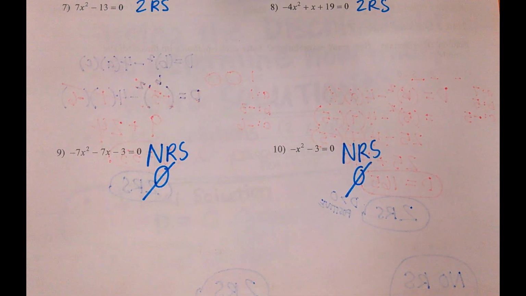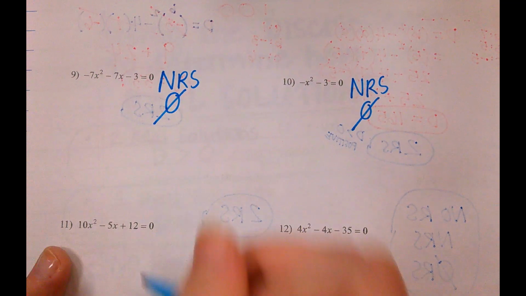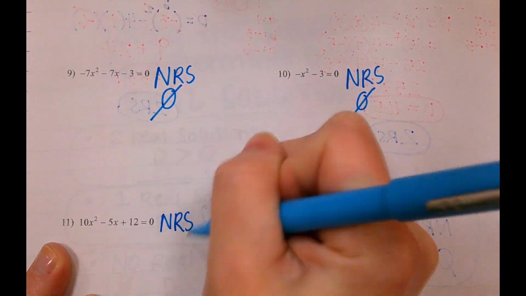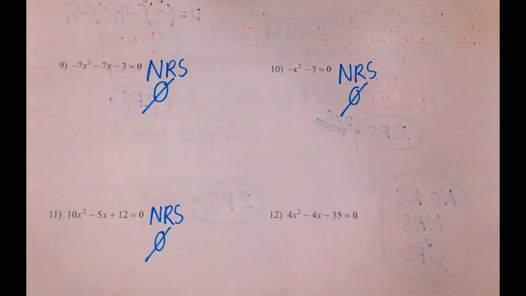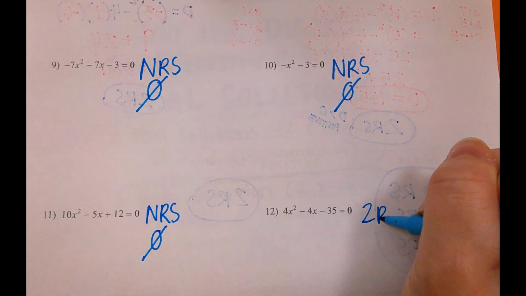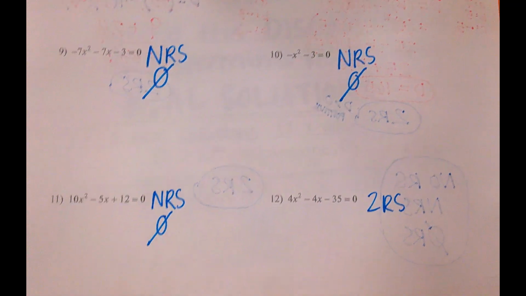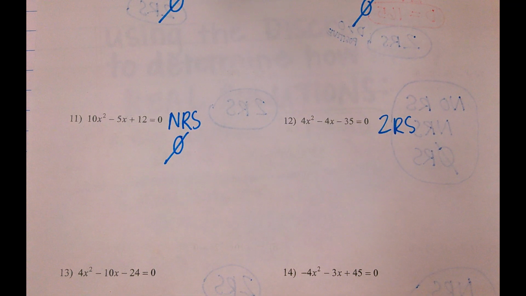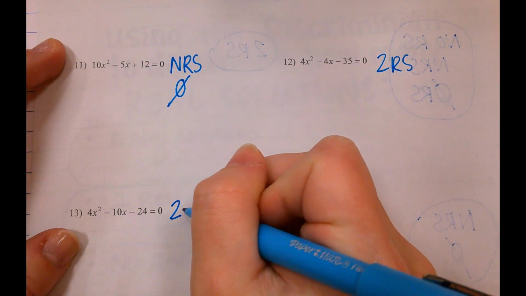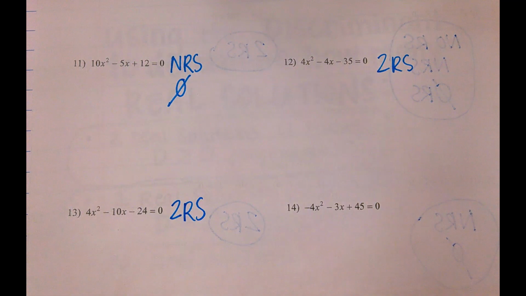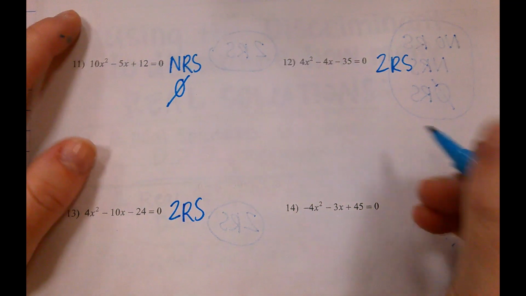Number 11, no real solutions. Number 12, 2 real solutions. Number 13, you should get 2 real solutions. And last but not least, for the first or second page here, number 14, 2 real solutions.